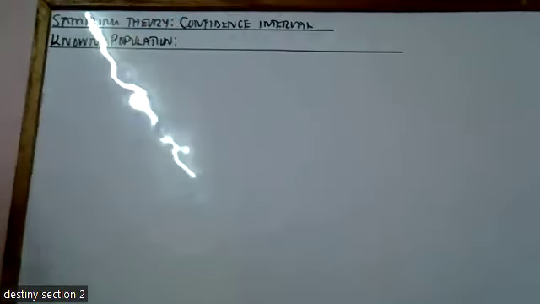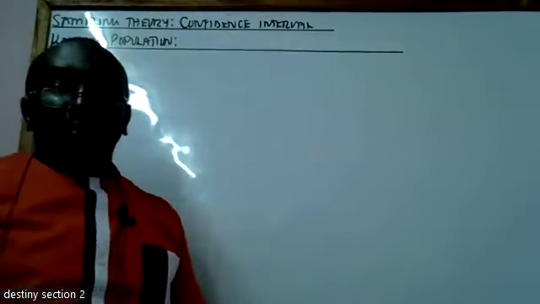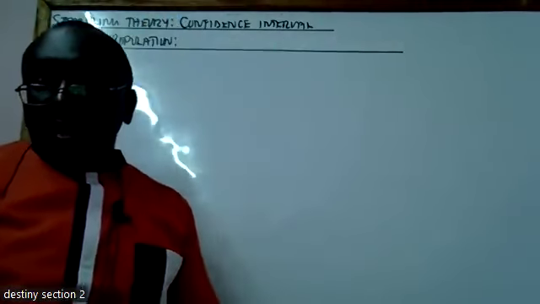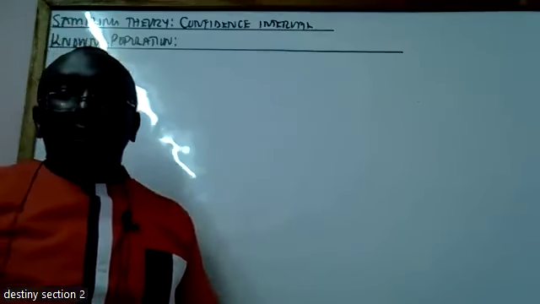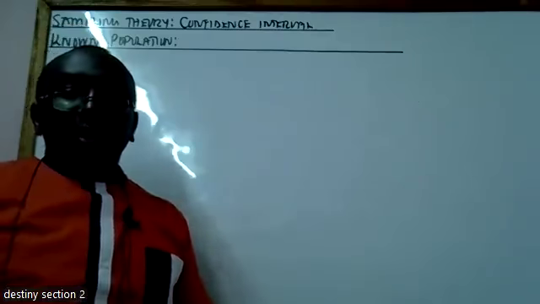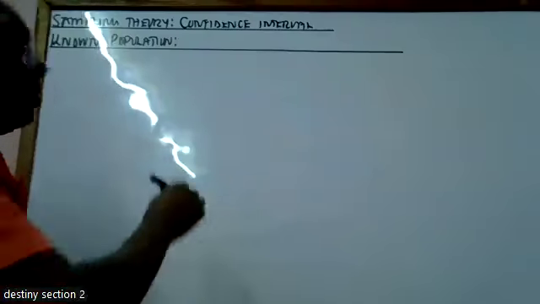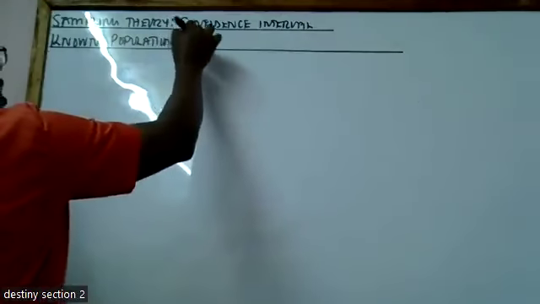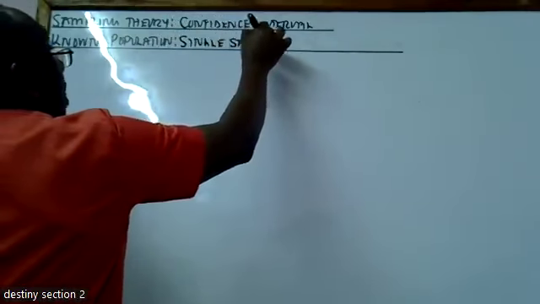The second thing that you need to know is whether you have one sample or two samples. And in this one, you can see the question says on the basis of a sample. So when they say a, it means that that is single, a single sample.